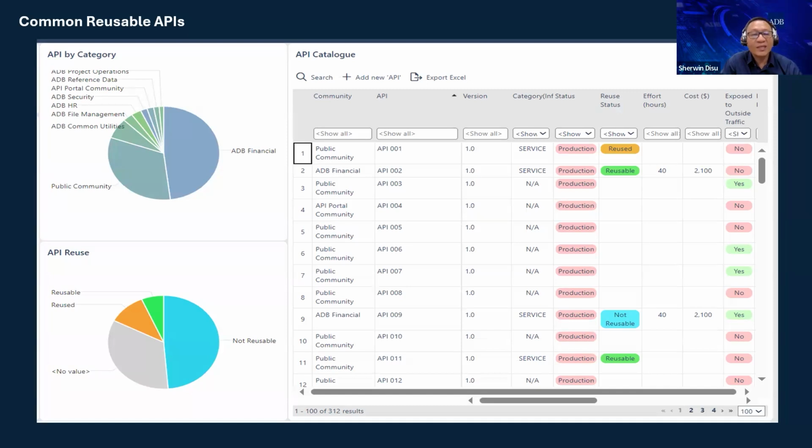Whenever projects are initiated and the EA team gets involved, we see to it that the API catalog is scanned first by the project teams to identify which APIs are potentially going to be used in their project. Thus, the projects benefit by saving on development time, cost, and effort.